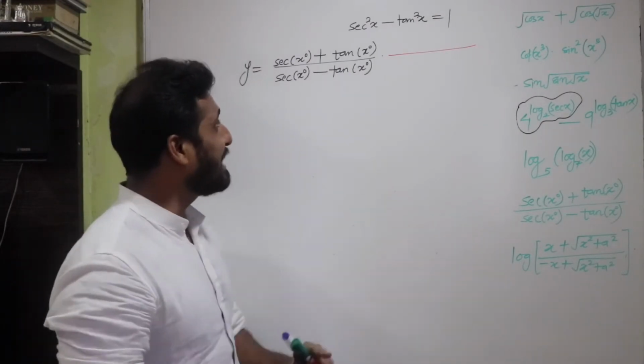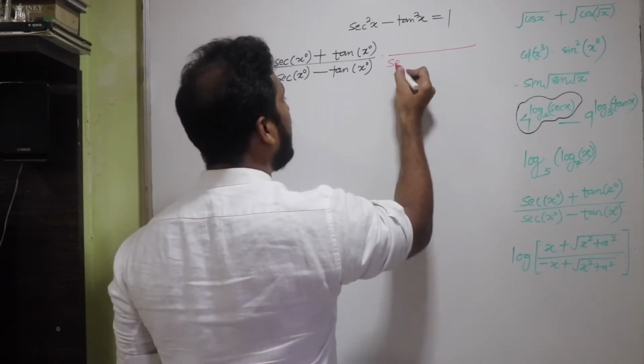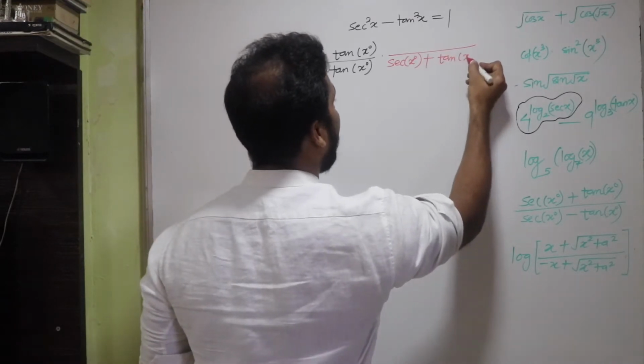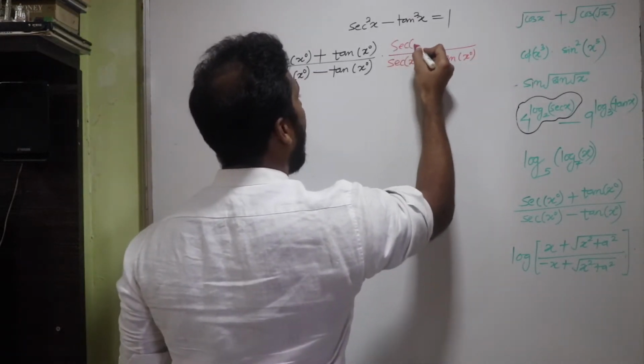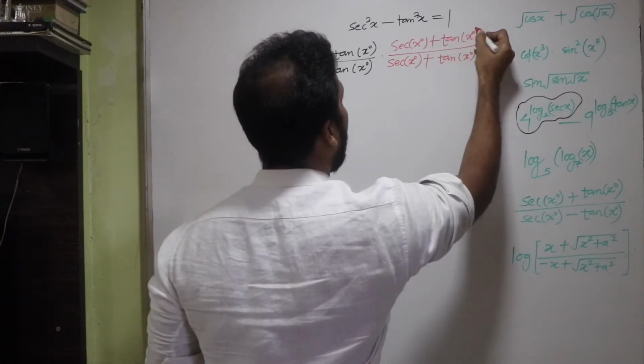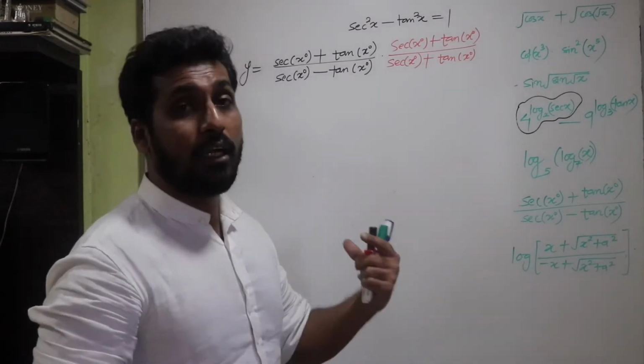So I'm going to multiply with sec x degree plus tan x degree, and in the numerator also I write the same term, sec x degree plus tan x degree. What I'm doing here is rationalizing the denominator.